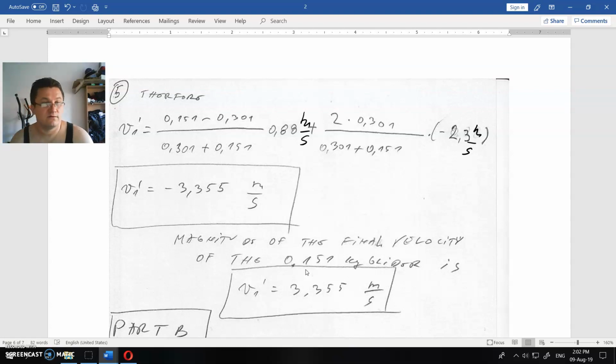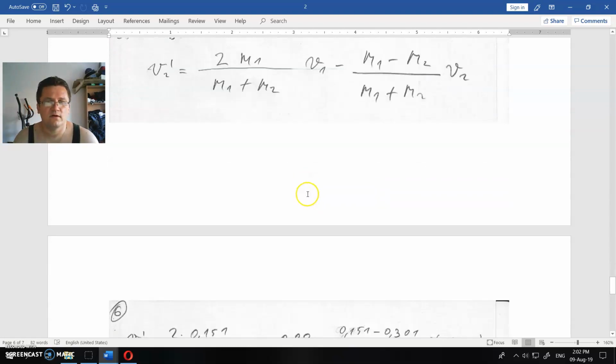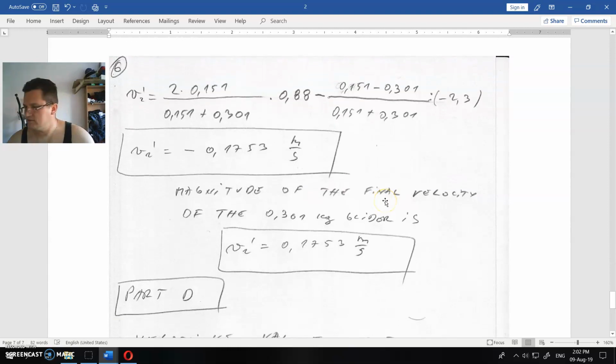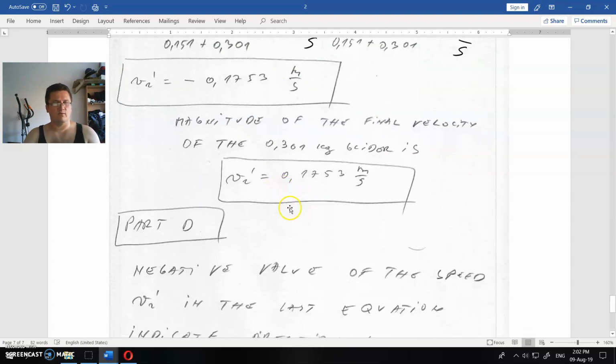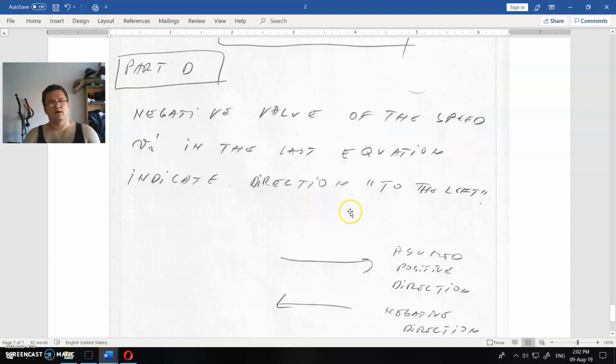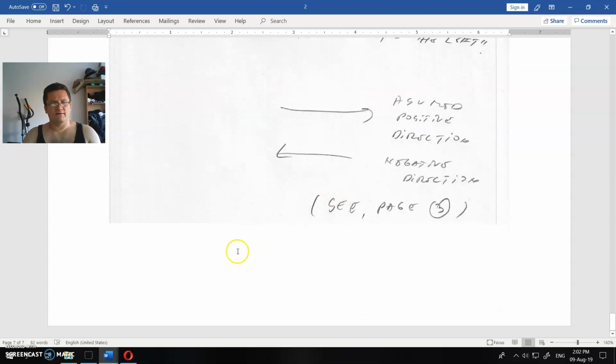So, me, the genius again, same mistake. Meter per second needs to be written here, and meter per second needs to be written here. So, you get this. Magnitude is this, but the minus sign also indicates that it's going to the left. So both of these gliders after the impact go to the left.